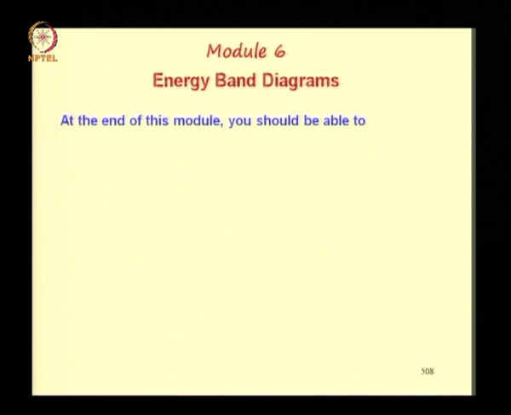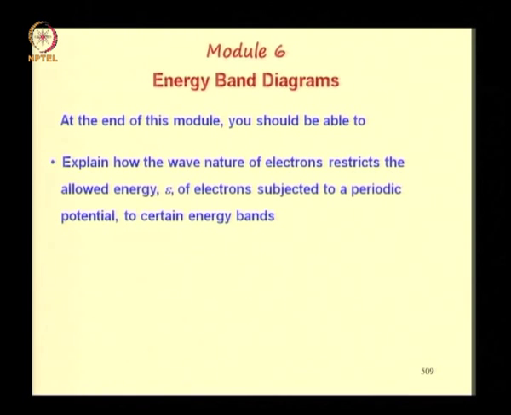Let us recapitulate in a minute the various learning outcomes. We hope that after going through all this discussion, you are able to explain how the wave nature of electrons restricts the allowed energy E of electrons subjected to a periodic potential to certain energy bands.